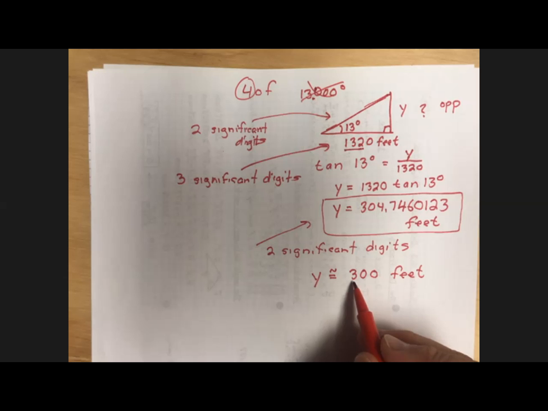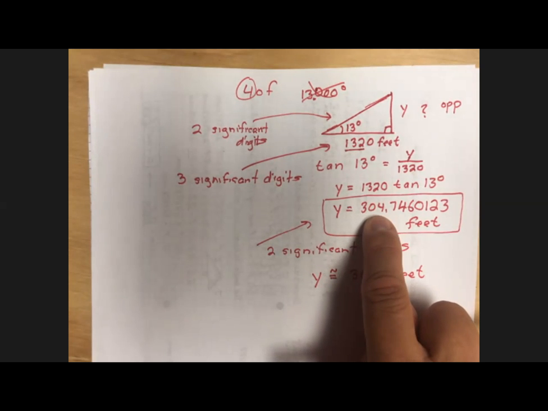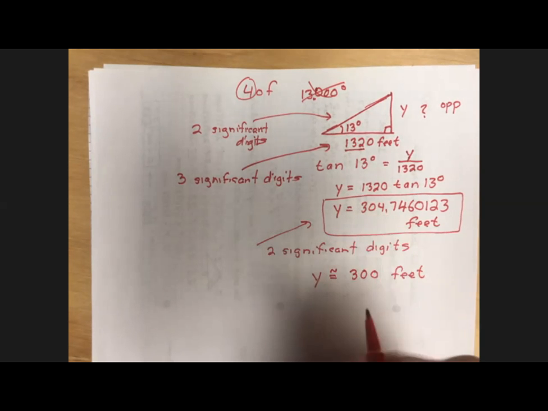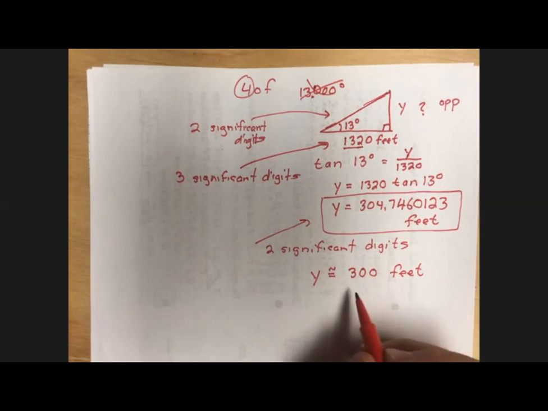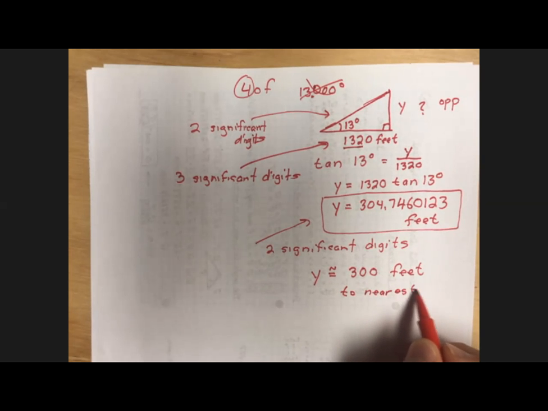Here's only one significant digit. Did I measure that waterfall only to the nearest 100th feet? Could be 300, could be 340, could be 260. No, I did better than that. So if I want to tell someone I use two significant digits here, I could just tell them in plain English that I did this to the nearest 10 feet.